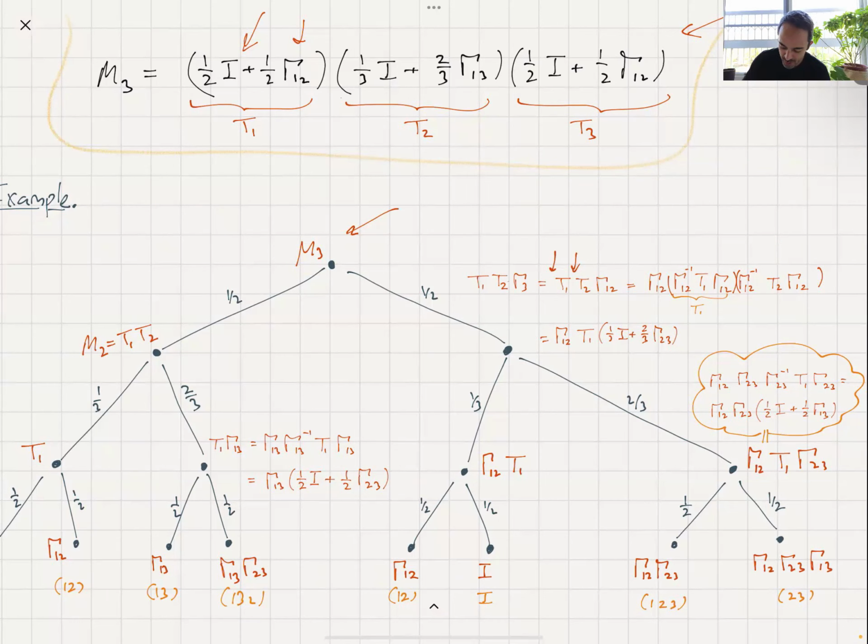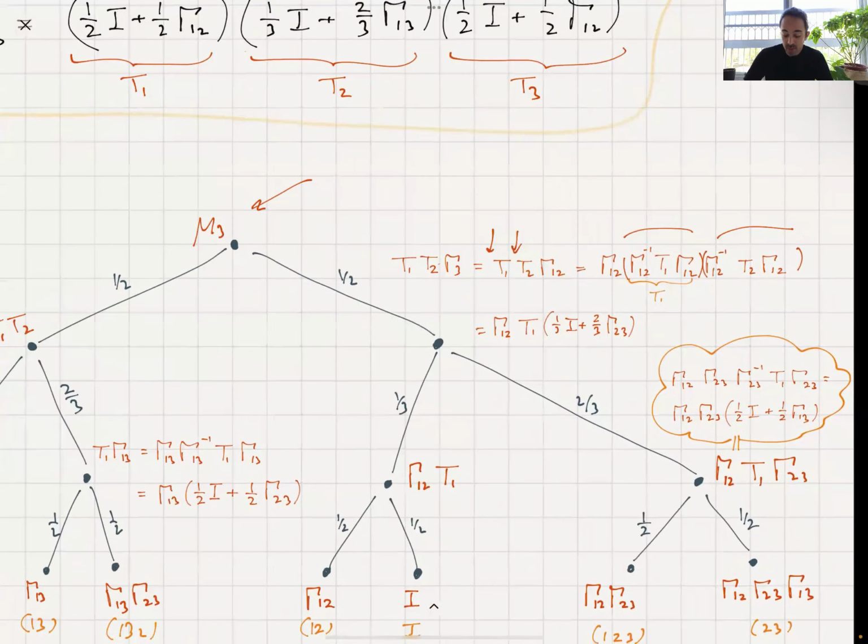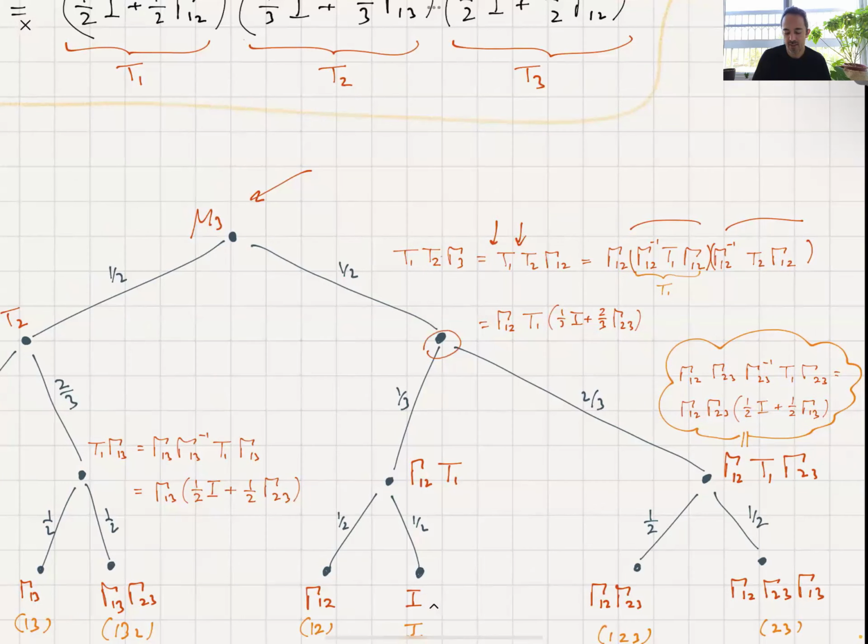So what happens really is that this stays T1, and this becomes this thing. And that's great, because now that's a random swap to the right, so we can continue on. Namely, the left side of this vertex is going to get gamma 1 2 T1 times I with probability 1/3. And the right side is going to get gamma 1 2 T1 gamma T3.